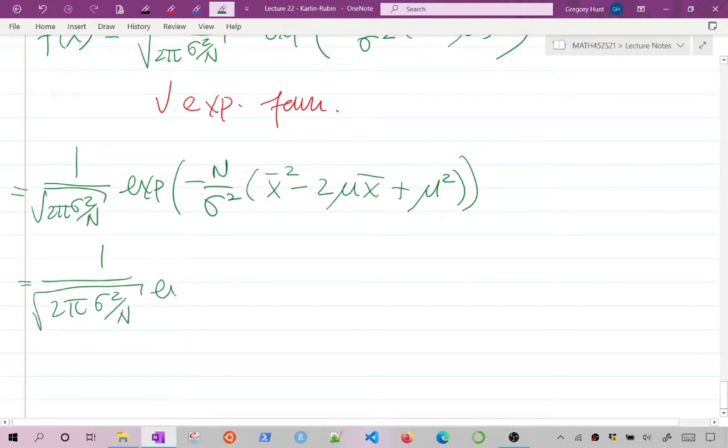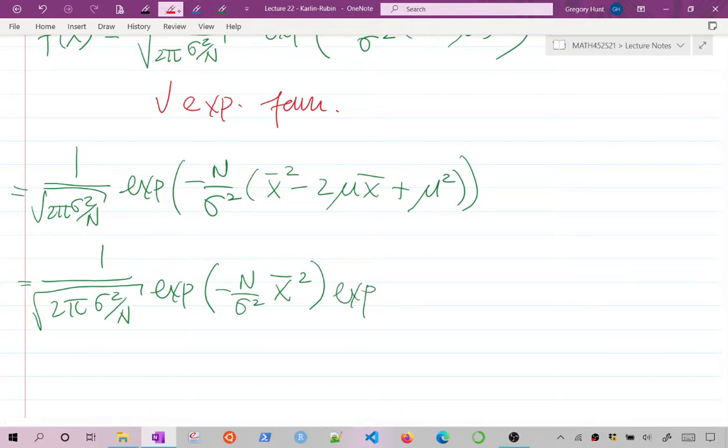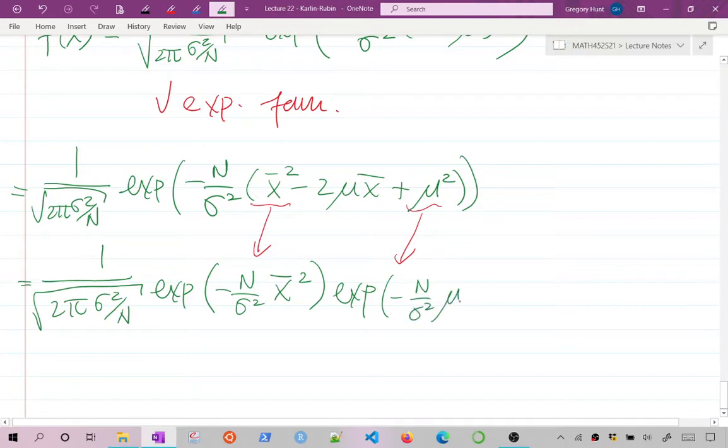There's this exponential of negative n over sigma squared times x bar squared. Let's pull that out separately; that's going to be basically h. And we'll get the last term here. This mu term we can pull out as exponential of negative n over sigma squared times mu squared.